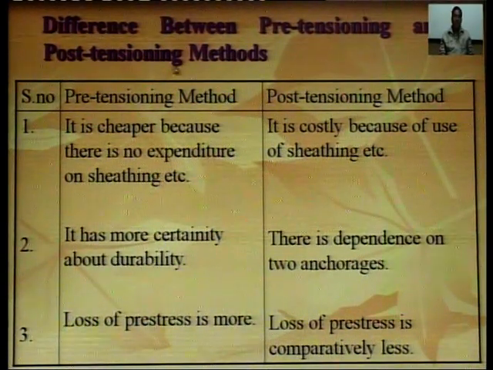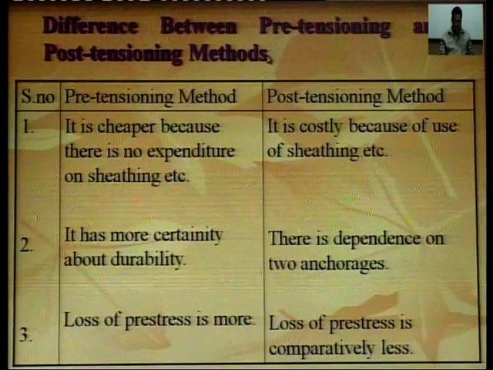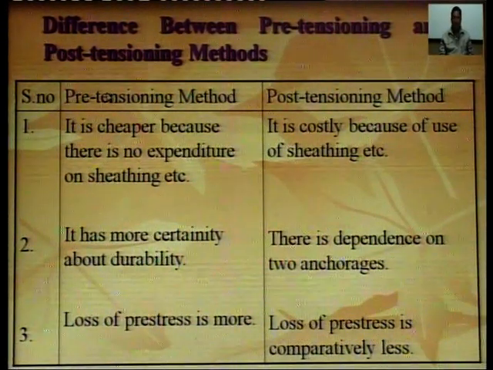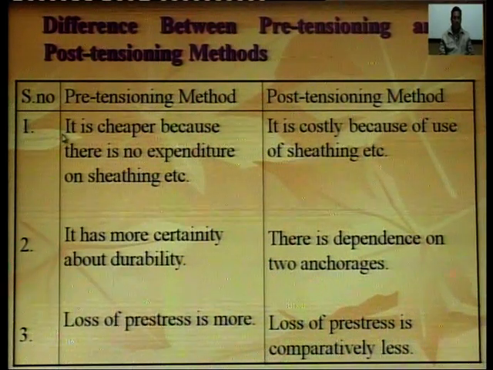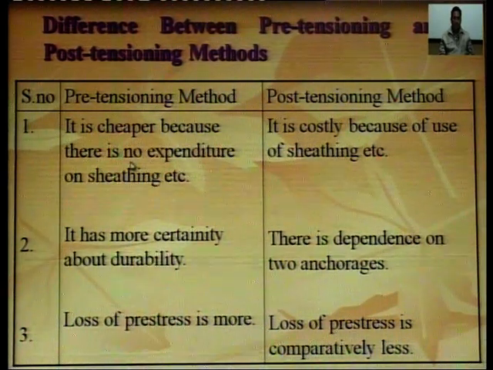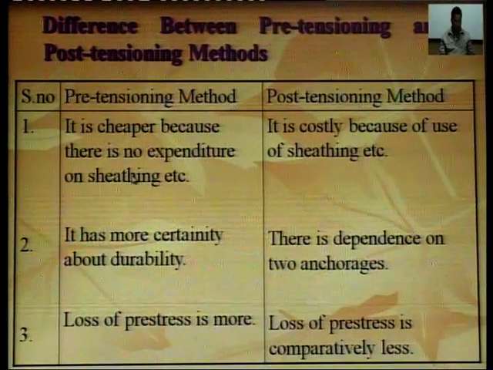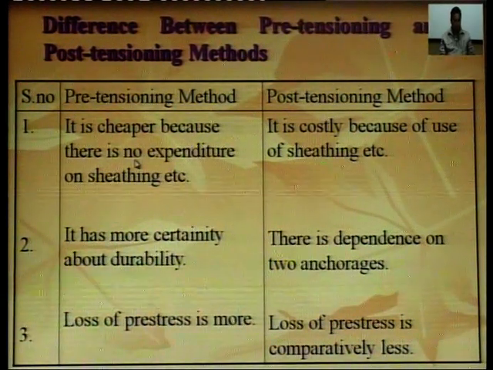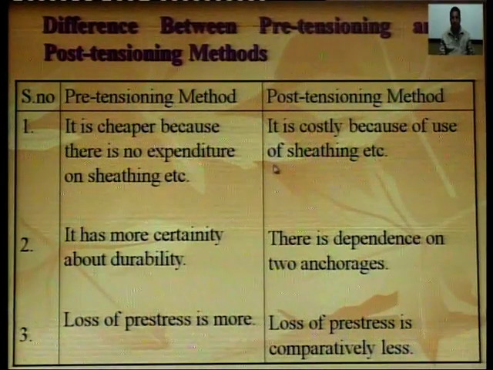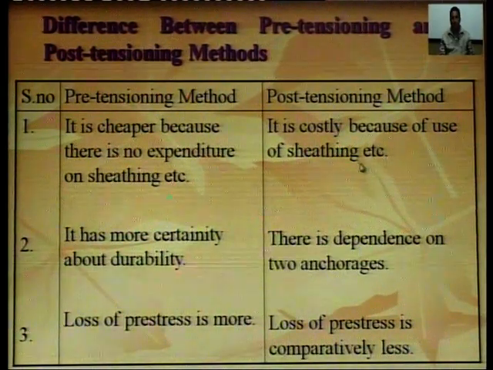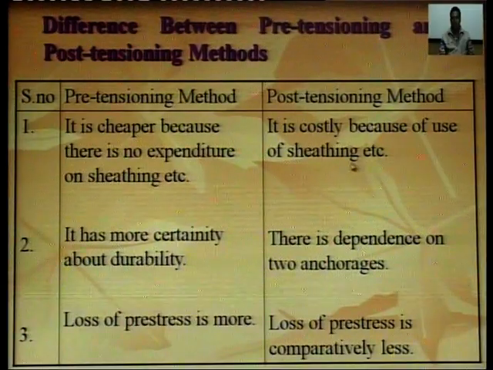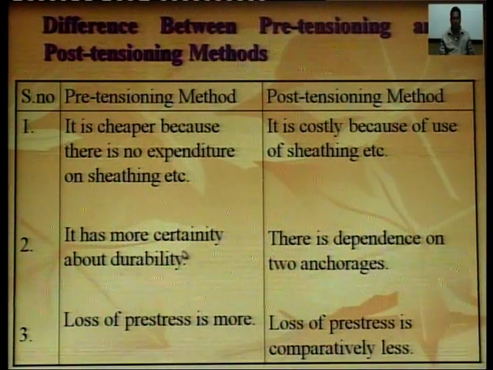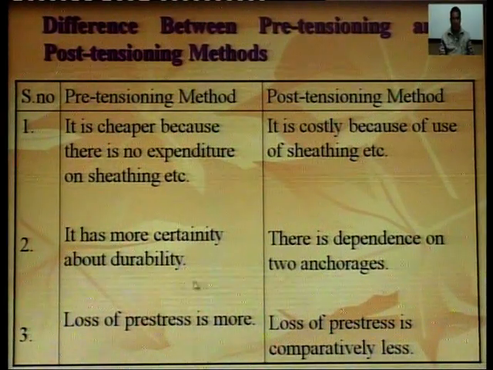Next is the difference between pre-tensioning and post-tensioning methods. First, the pre-tensioning method is cheaper because there is no expenditure on sheathing etc.; metal sheathers are not used in this method. Post-tensioning is costly because of the use of sheathing etc. It has more certainty about the durability.